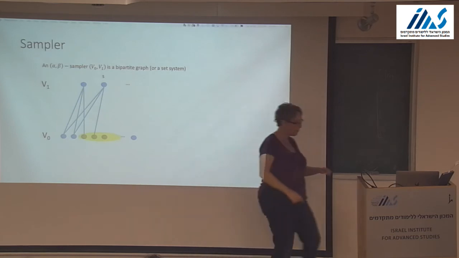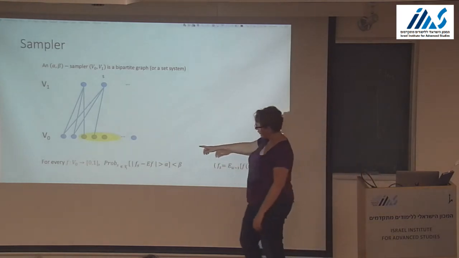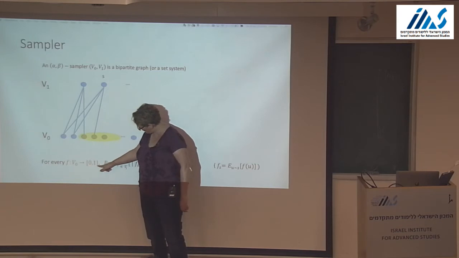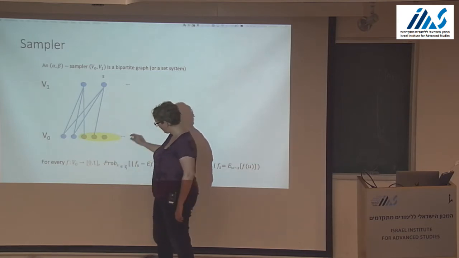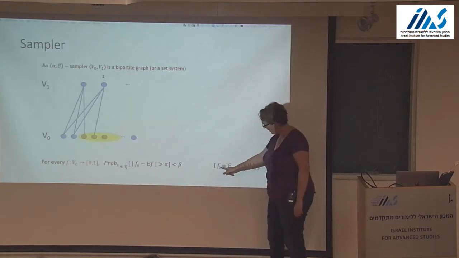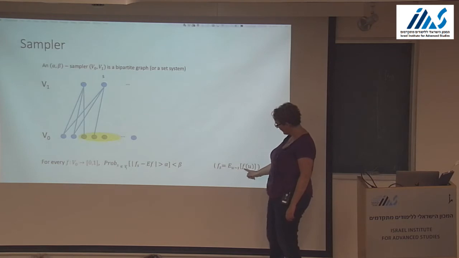So to be a bit more formal, you say for every function, which doesn't have to be discrete, it can take values between 0 and 1 on every vertex, you define a number, f sub s, to be the expectation over all the neighbors u of s of f(u).